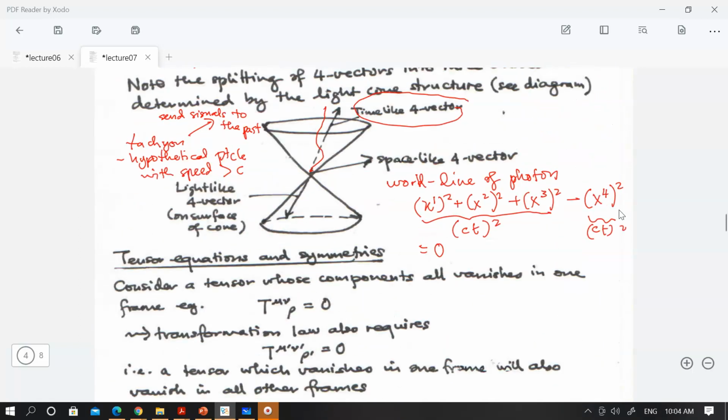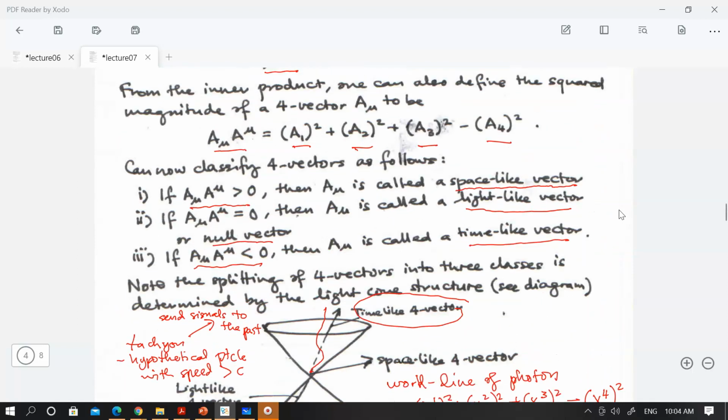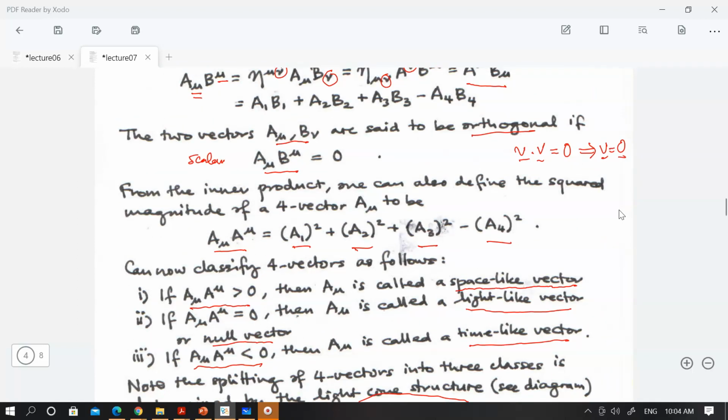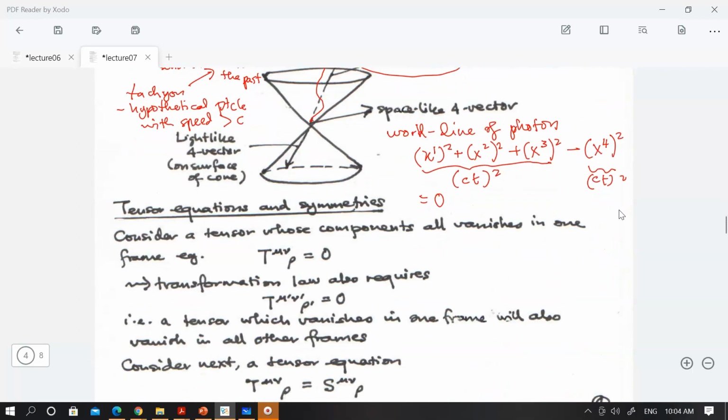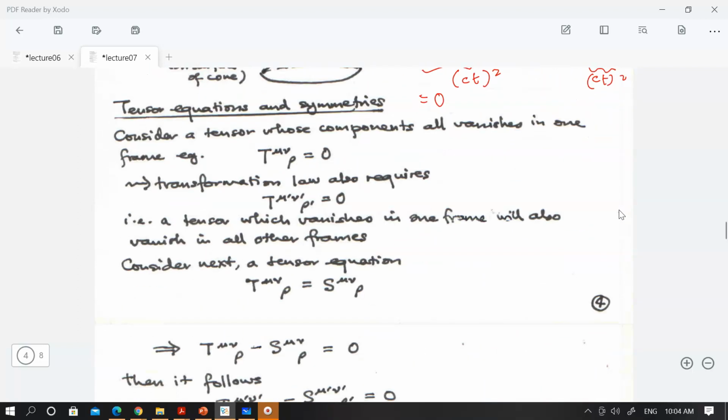So one of the things that we can also do, just now we talked about this scalar thing. Sometimes we can also have something like this. You have a tensor, and this tensor has all the components equal to 0. And you have to remember, this refers to the undashed coordinates.